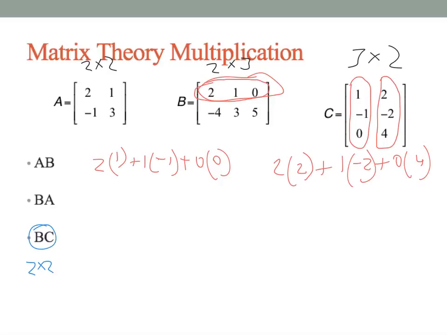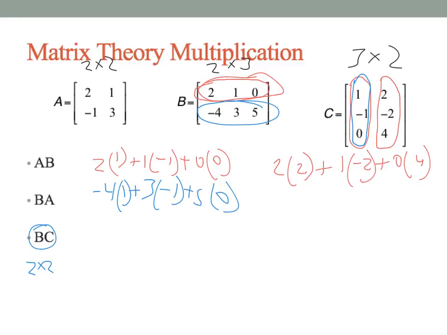On the bottom, we're going to use the second row in B, and for the bottom left, we're going to use the left column in C. So -4 times 1 plus 3 times -1 plus 5 times 0.